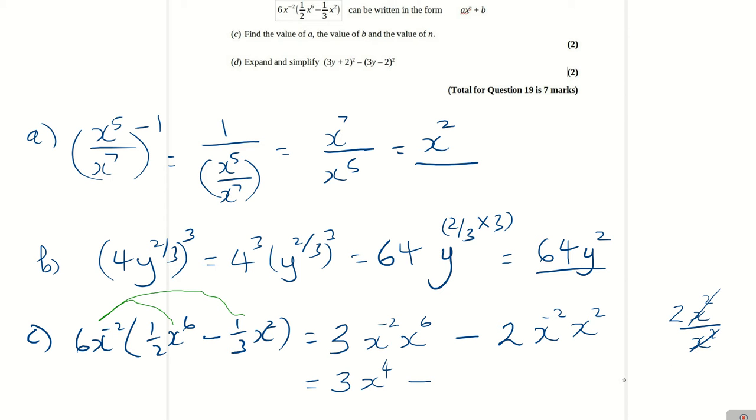Another way of doing it would be to add the powers, and we're going to have x to the minus 2 plus 2, which is the same as x to the power 0. Anything to the power 0 is just 1, so we've just got 2 times 1, which is 2. So there we've done it, and the value of a is 3, the value of n is 4, and the value of b is minus 2.